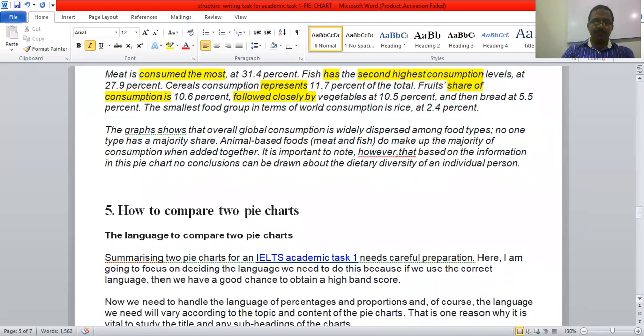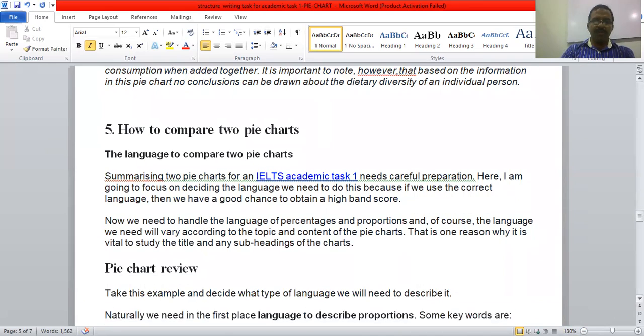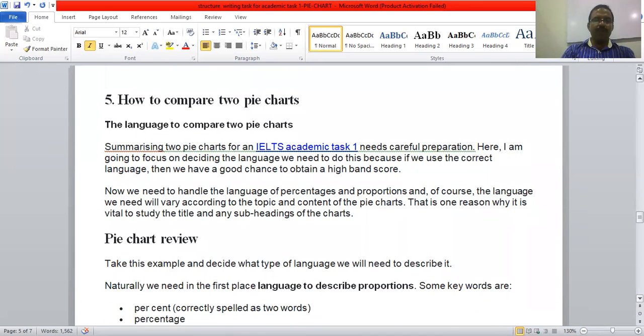Okay, so here you can see how to compare two pie charts, the language to compare two pie charts. So this is very important, that we need the language. Every time the students are worried about the language, they are worried about the vocabulary, what words we shall use in our writing task. What type of words we shall use for comparison, for highest, for lowest, for different types of writing.